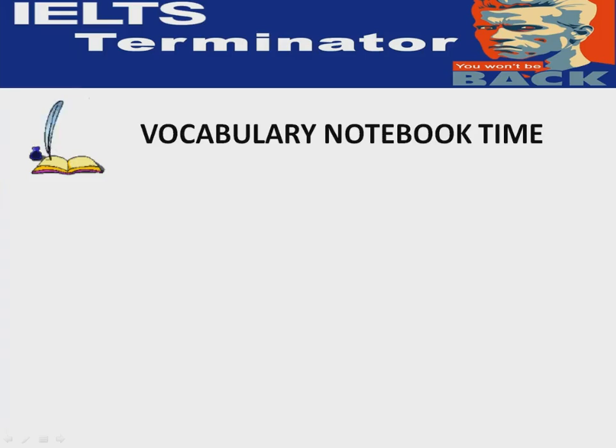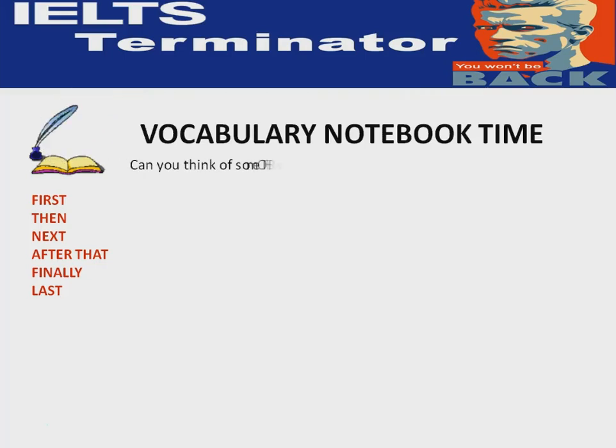Vocabulary notebook time. Here are the words we had a look at just a few moments ago: first, then, next, after that, finally, and last. Now, can you think of some other words that mean the same as the red ones?